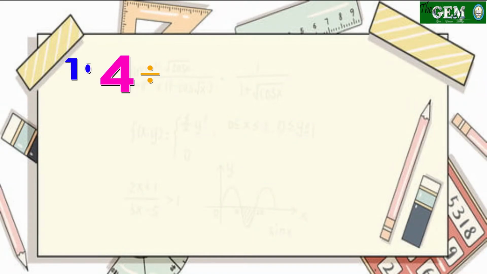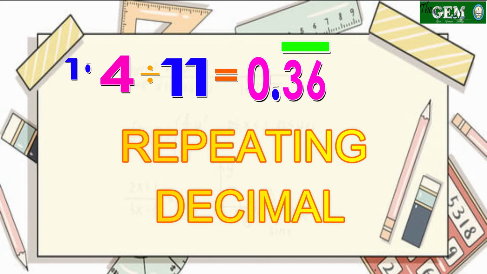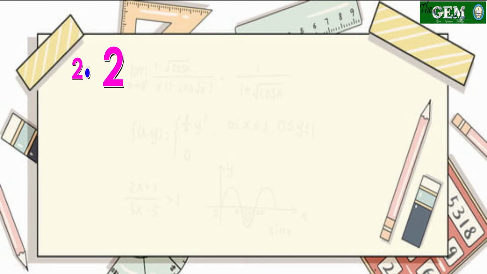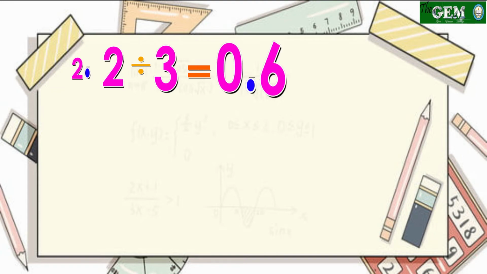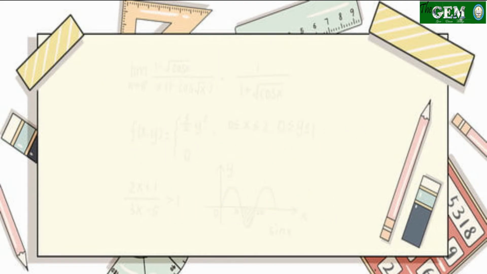4 divided by 11 is 36 hundredths with a bar at the top of 3 and 6, and it is a repeating decimal. Next, 2 divided by 3. The answer is 6/10 with a bar at the top of 6, and it is a repeating decimal. 2 divided by 5.